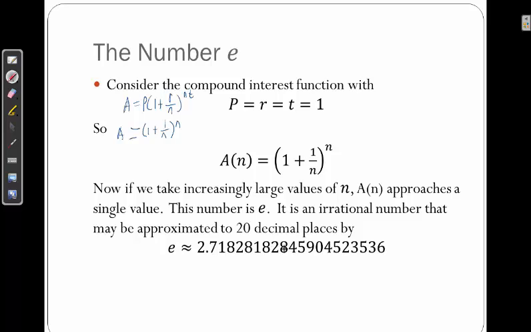If you go far enough, you'll eventually reach the maximum accuracy of your calculator, which is 9 digits, so it would stop about right here. 2.718281828. But you can see here it's worked out to 20 decimal places. Eventually, if you plug in large enough values of n, all of these numbers will stop changing, except maybe the 6. They could have rounded the 6. But the numbers will keep locking into place as you take larger and larger values of n.